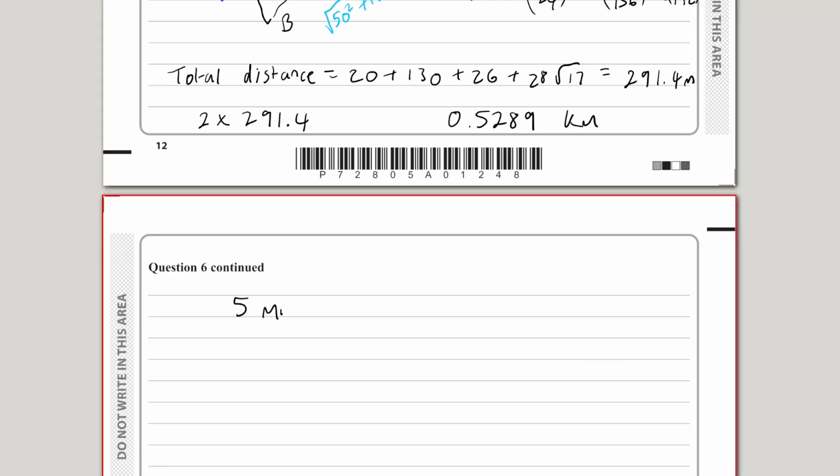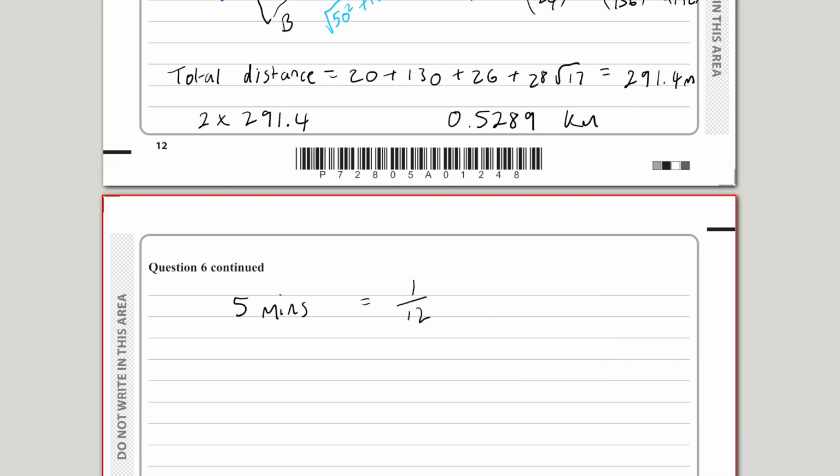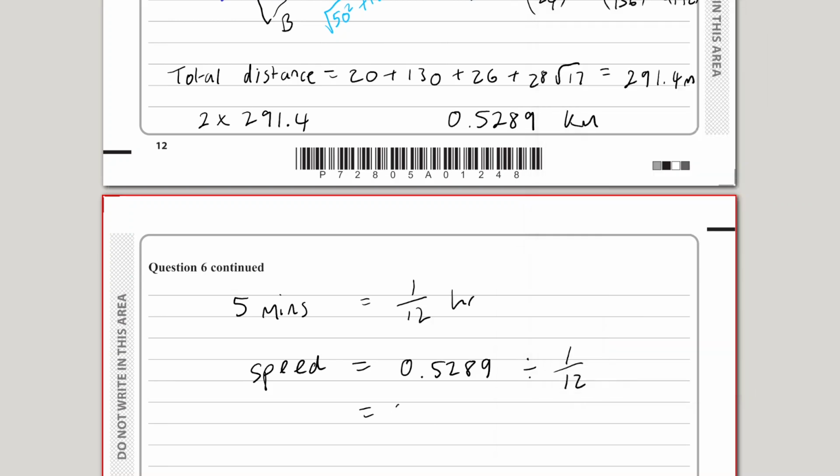And we've got 5 minutes. I'm going to store that as A. 5/60ths of an hour is 1/12 of an hour. So our speed is going to be distance divided by time. So A divided by 1/12. So that's 6.99 kilometers per hour.